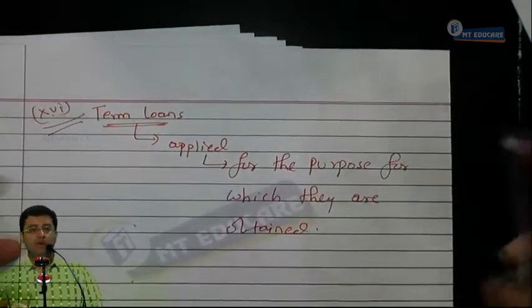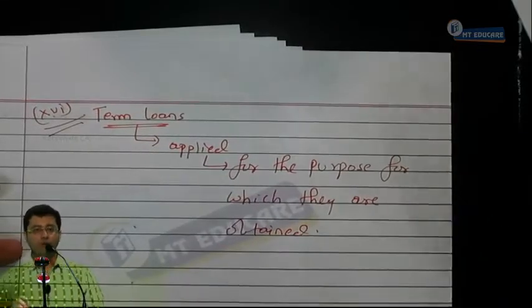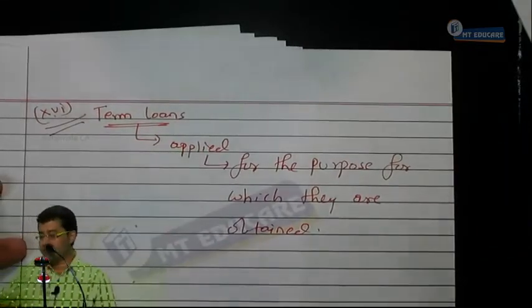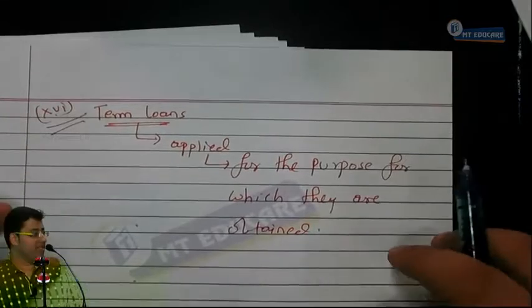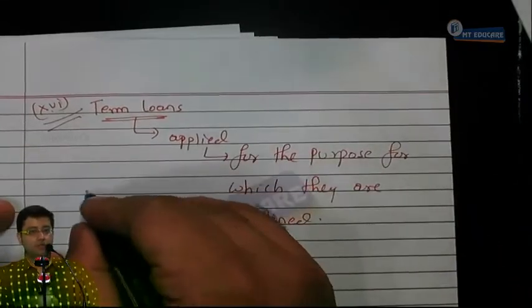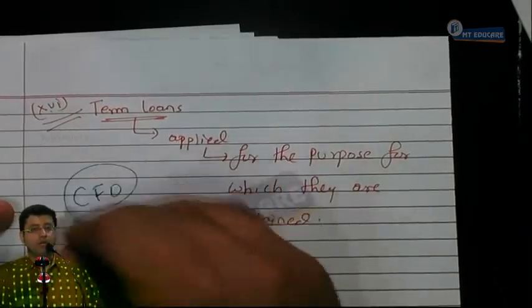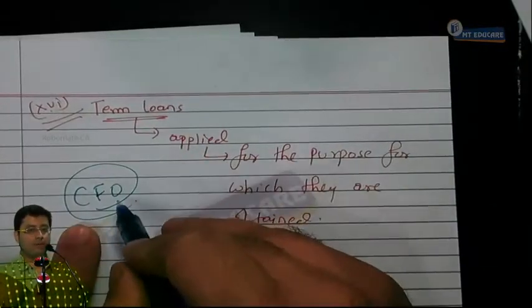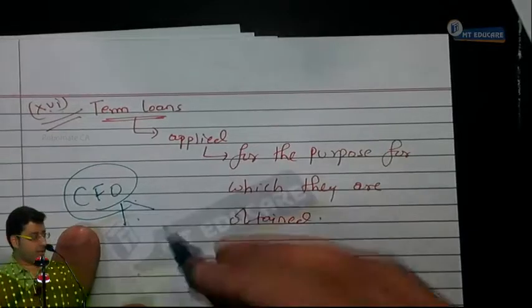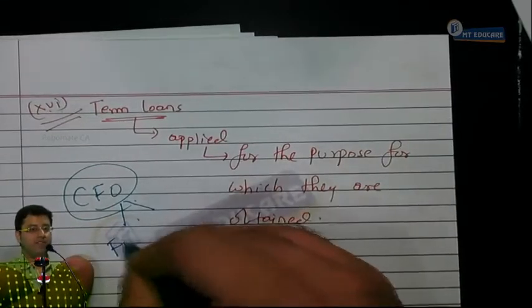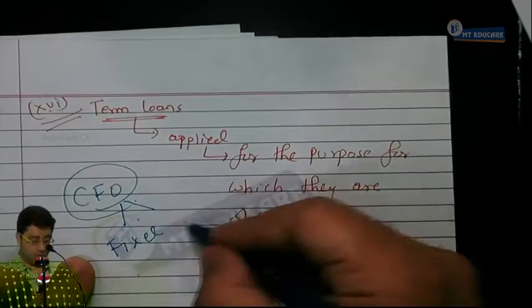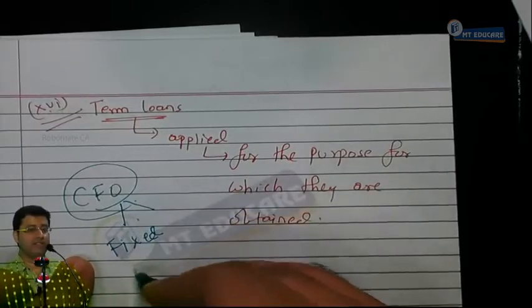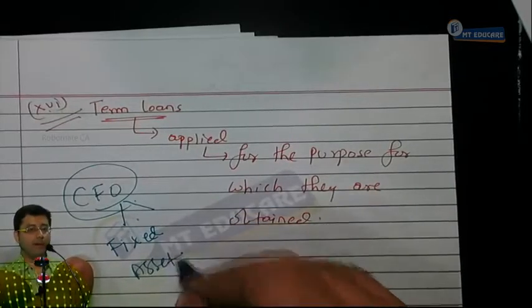Whenever you are a CFO of a company, I told you that the ability of a CFO can be judged from the quality of decisions that he takes. So if you are a CFO of the company, just one question which I want to ask you is that suppose a company has taken a term loan to purchase fixed assets. The company took a loan from a bank.